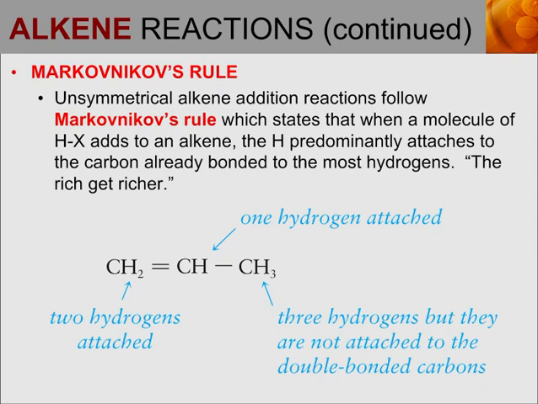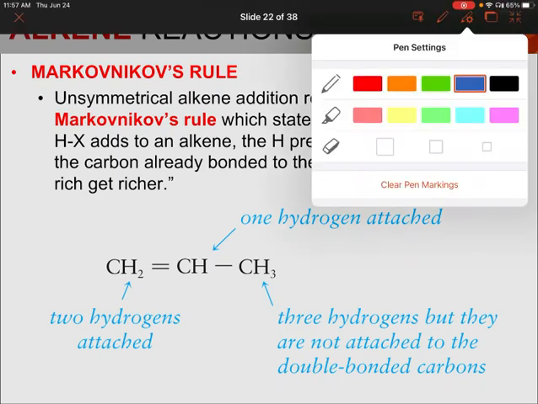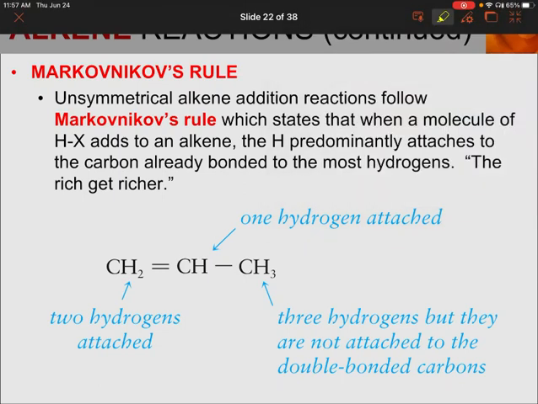His question was, okay, if I have a double bond and I want to add, let's say, hydrobromic acid, so HX, where the X is either bromine or chlorine, then what's going to add to what? Where does the hydrogen go? Where does the halogen go? Because you could end up with multiple products.